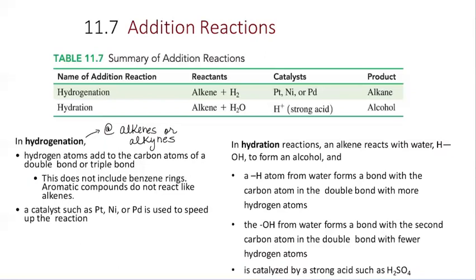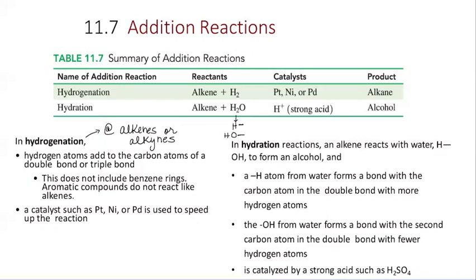So when it comes to the hydration reaction, even though you know water is there, what I want you to visualize is that this water is going to give a portion of a molecule a hydrogen, and another portion of the molecule OH. This needs to be done under strong acidic conditions, usually sulfuric acid.